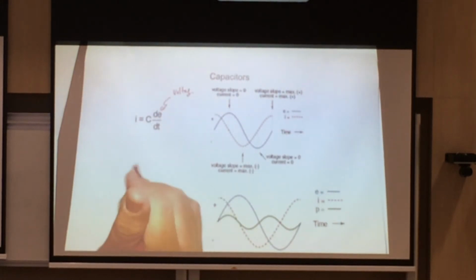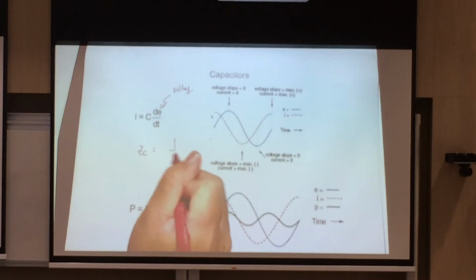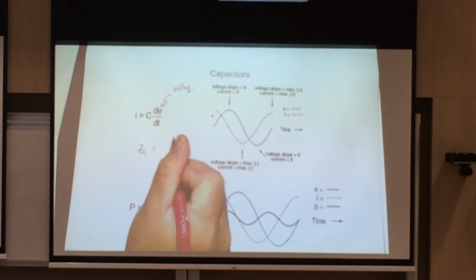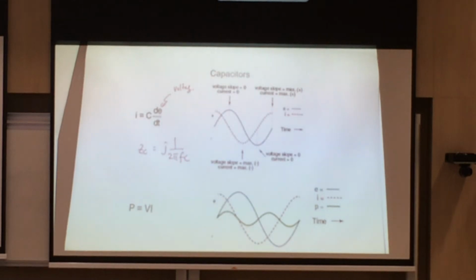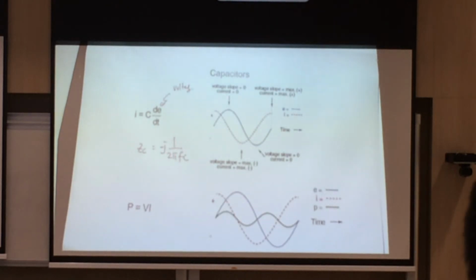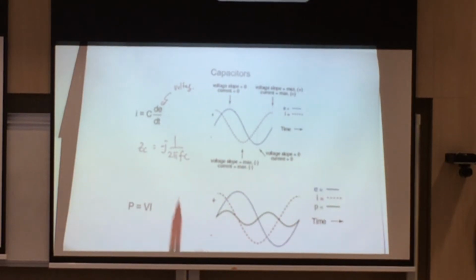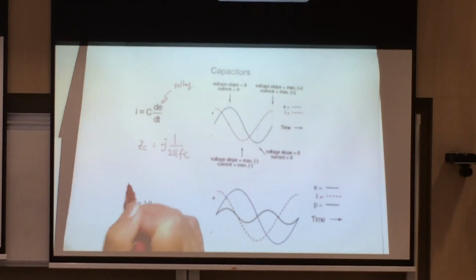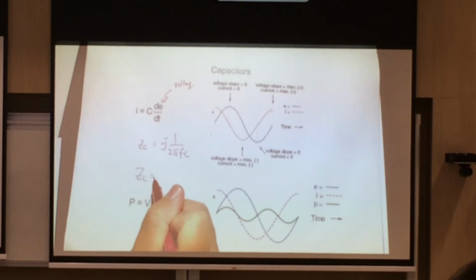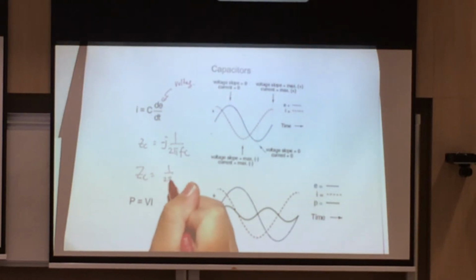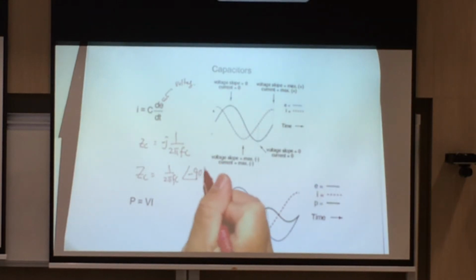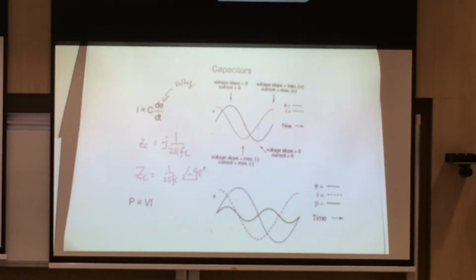What you can do is convert to phasor: Z_C is equal to 1 upon 2 pi F C multiplied by J. It should be minus J, minus J 1 upon 2 pi F C. And so your Z_C is actually 1 upon 2 pi F C at minus 90 degrees.